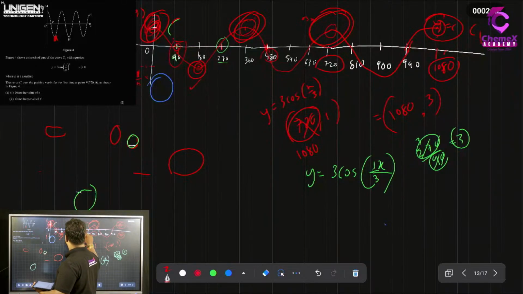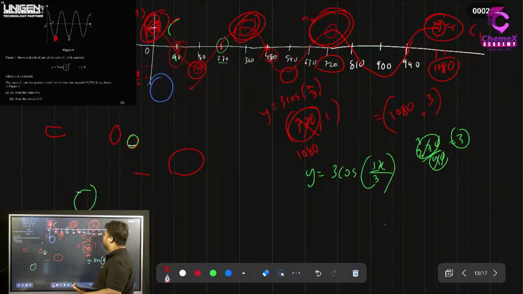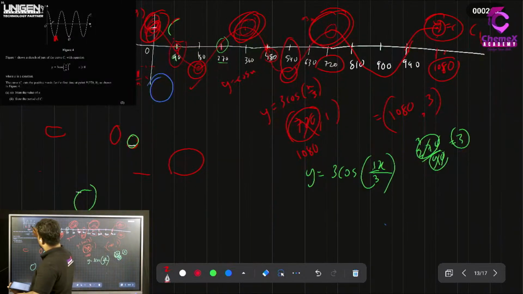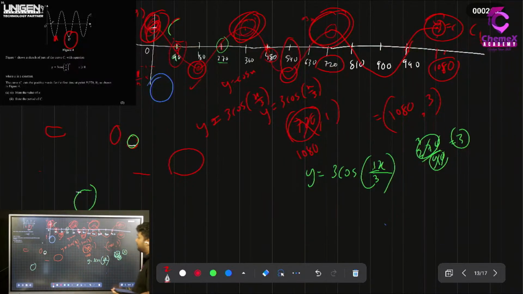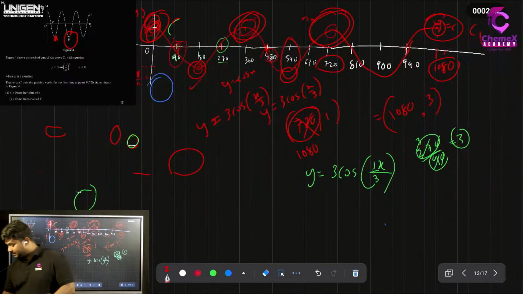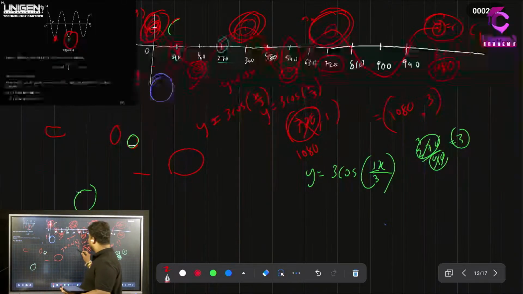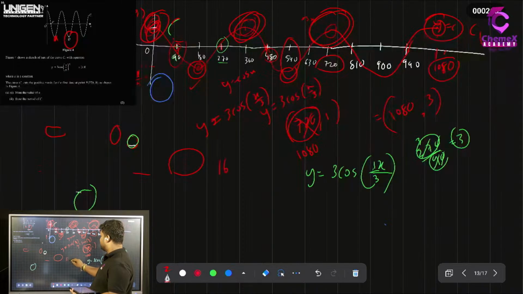So then again here, it should be 540, right? But 540 into what? This is the y equals cos x graph. And this is y equals 3 cos x over 3. So what will this be? 540 into 3, so 1620.